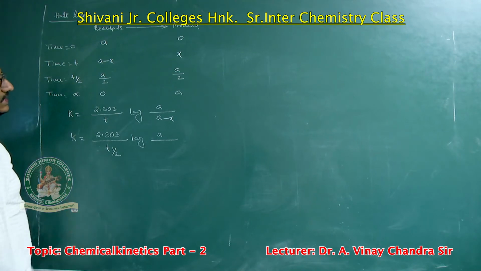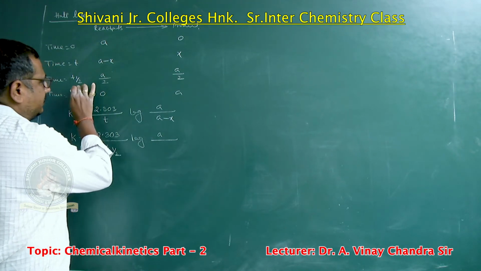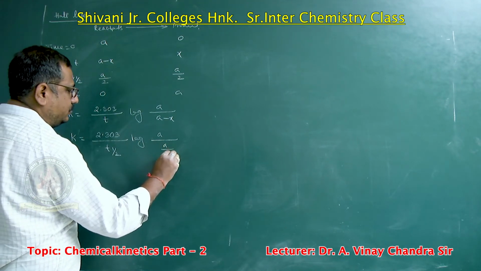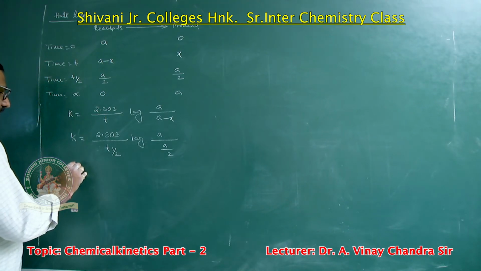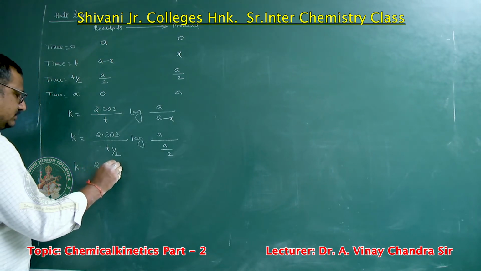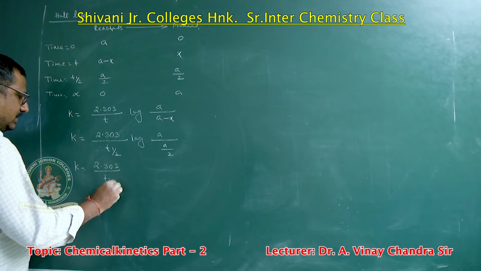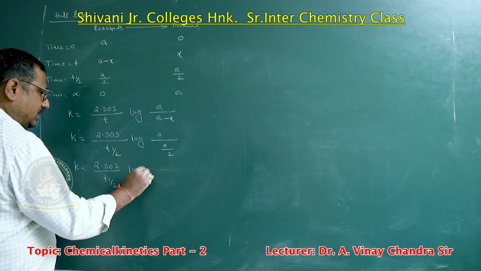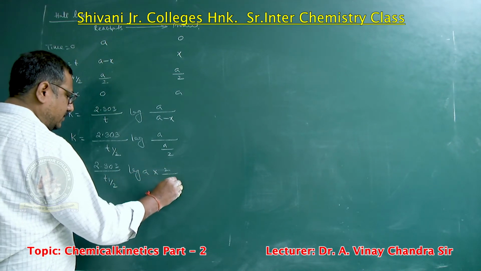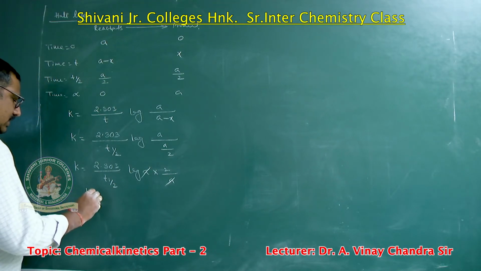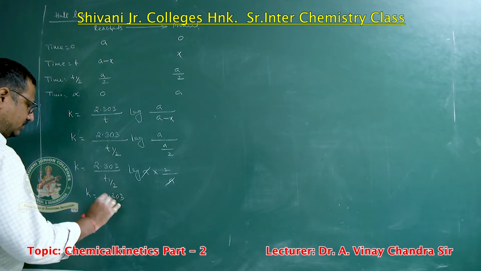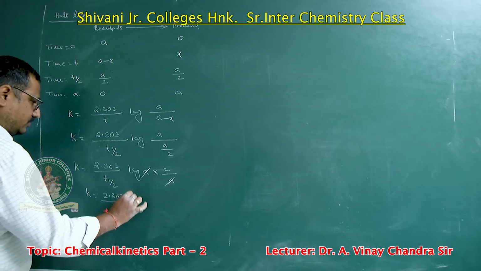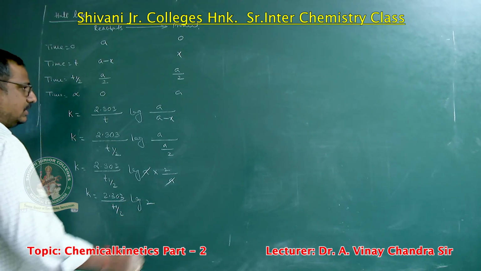At t half the concentration is A by 2. Now k equal to 2.303 by t half log A into 2 by A. Now k equal to 2.303 by t half log 2.